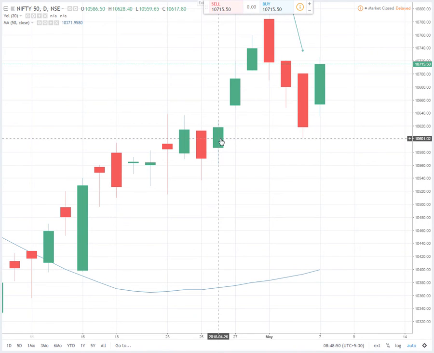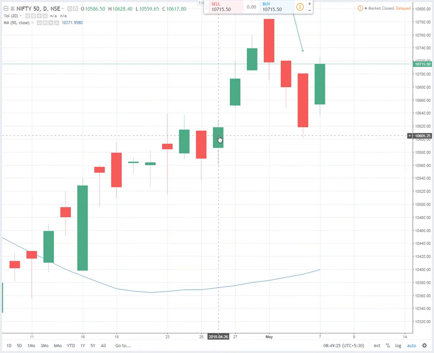So for this day, the high is 10,628, and for the next day, the high is 10,719, which means that the high for the next day is higher than the high for the previous day. Then this is called the higher high. Similarly, you can see for the next day, a high of 10,759 has been observed, which is higher than the previous day high. So this is again called the higher high.